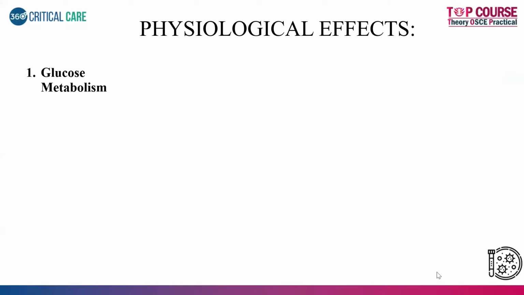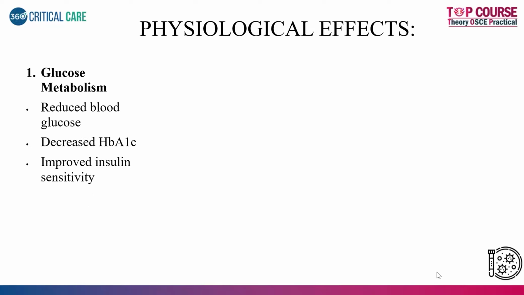So we need to look at alternate ways. One, we always look at diuretics. Other than diuretics, if there is any other drug we can use, it is the sodium glucose inhibitors, that is, SGLT2 inhibitors. What are the physiological effects of SGLT2 inhibitors?